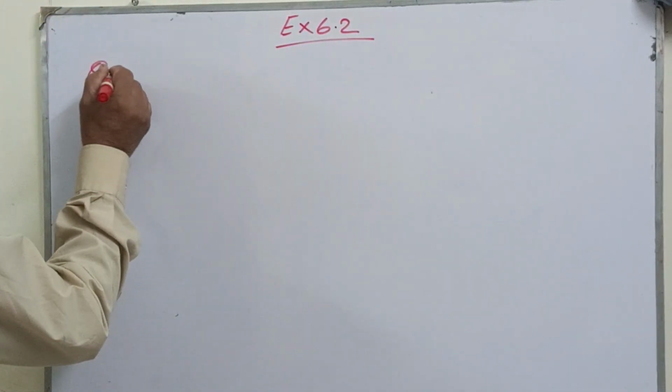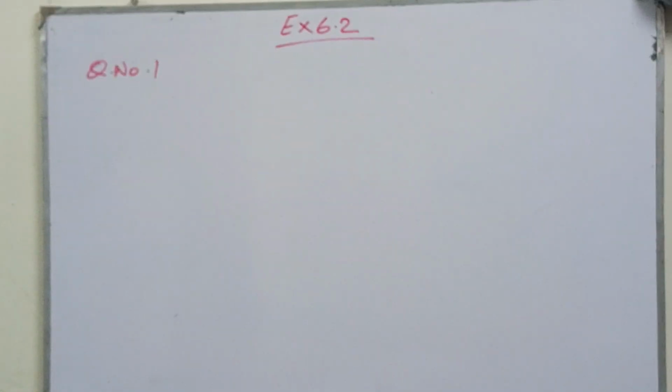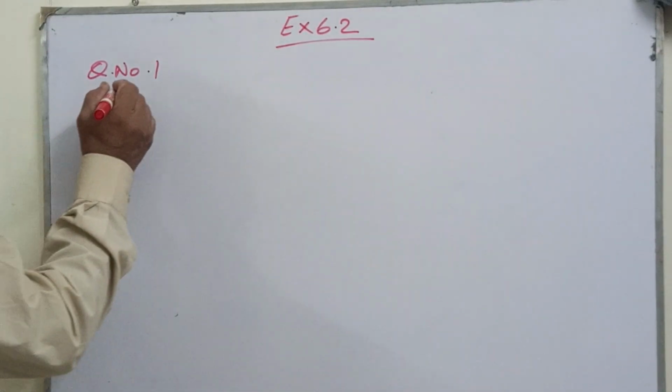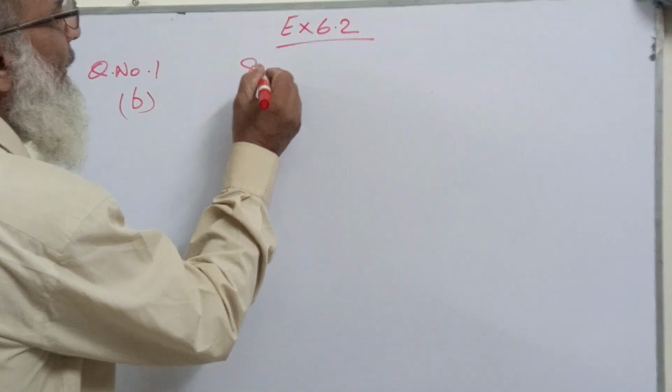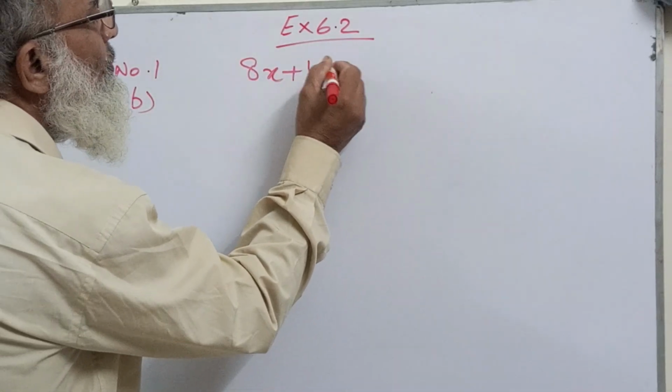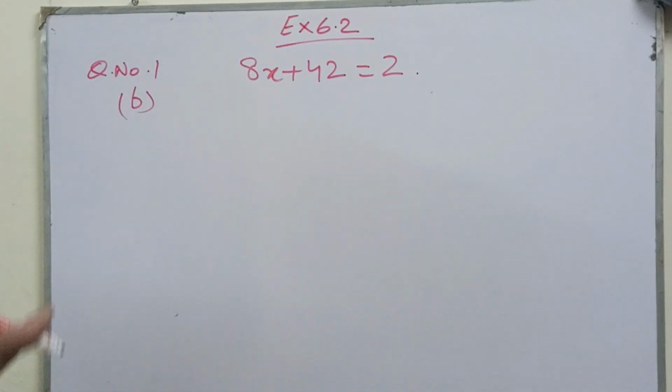And question number 1, let me consider part number B. 8x plus 42 is equal to 2. Now, this is our question and this is the equation.